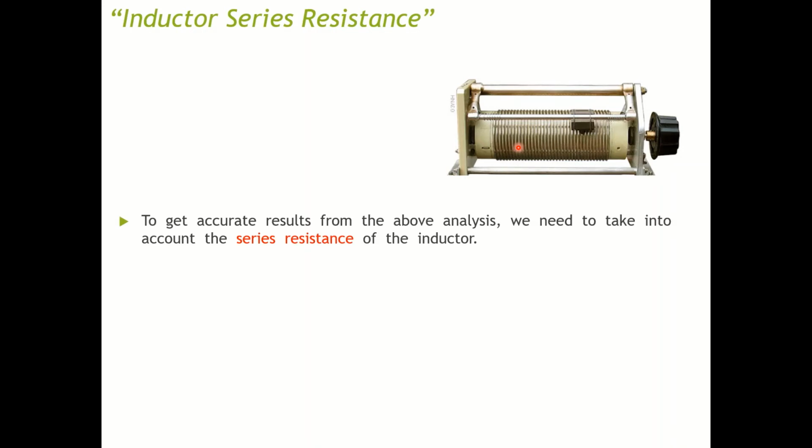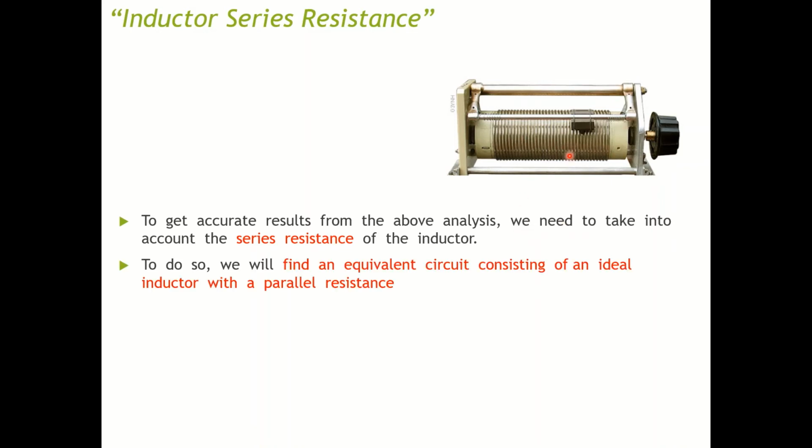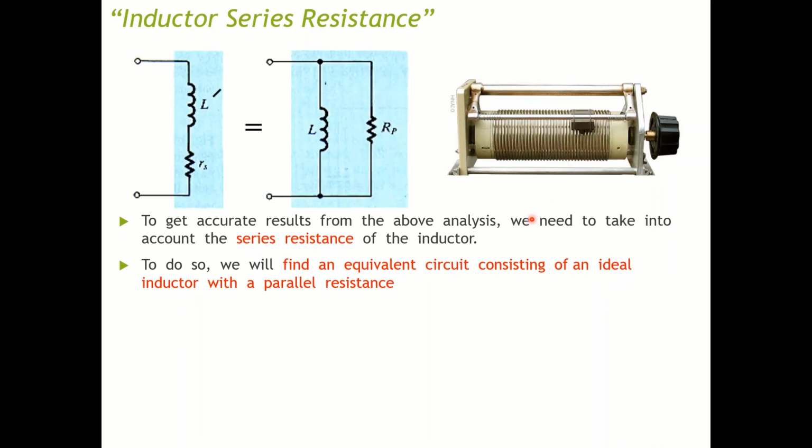So in order to accurately analyze the previous circuit, we actually have to take into account the series resistance of our inductor. To do so, we will have to find the equivalent circuit consisting of the ideal inductor with a parallel resistance.